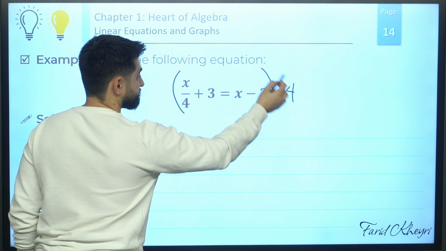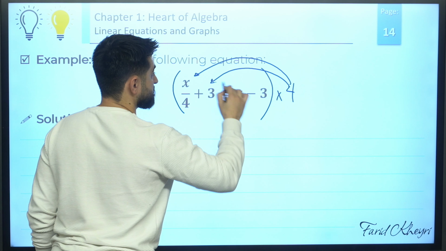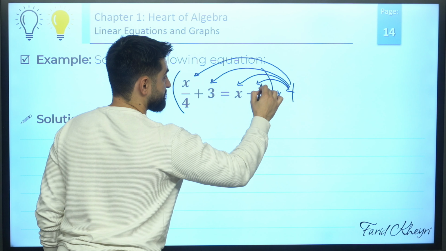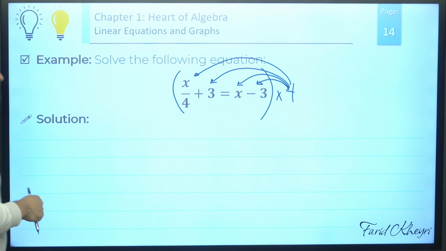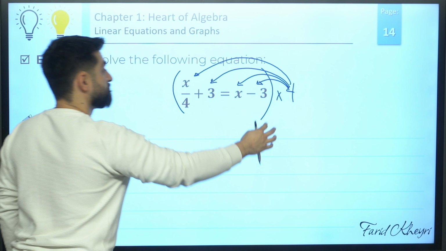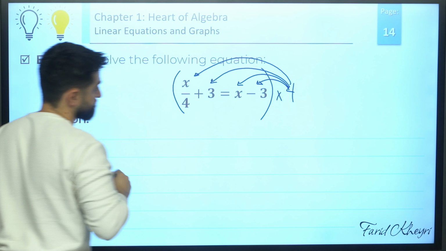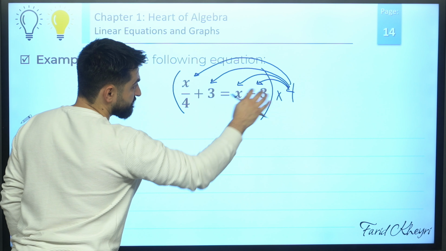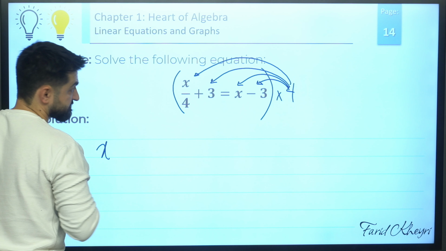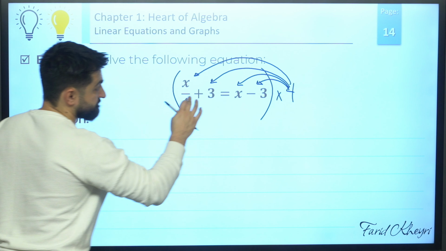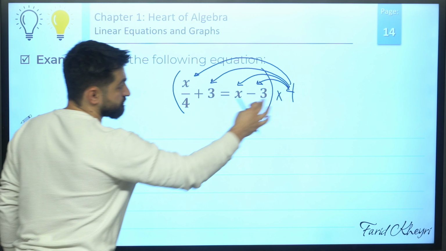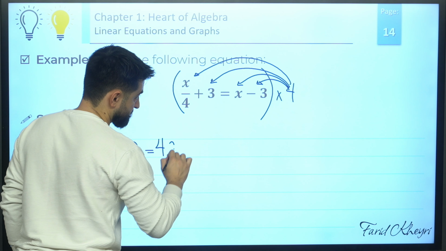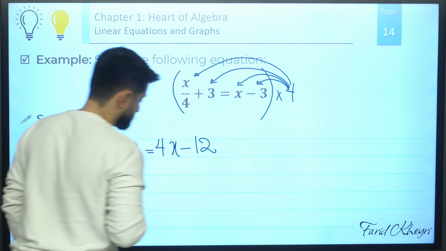So as you may remember from the algebraic equations and expressions, we have to multiply 4 by each term. Okay, x over 4 times 4 gives us x, plus 3 times 4, 12, is equal to 4x minus 12.